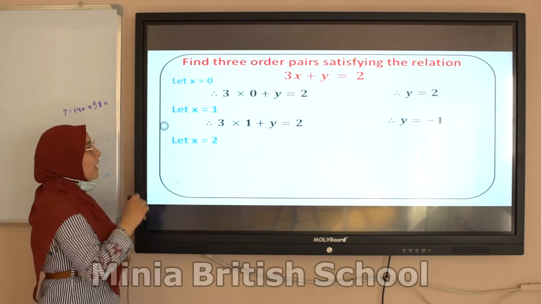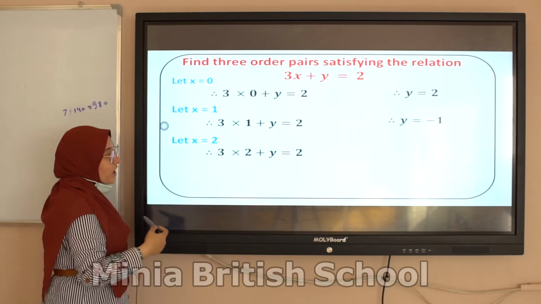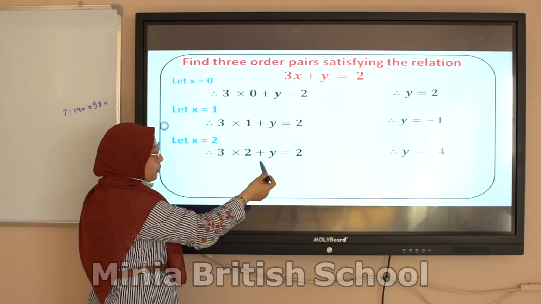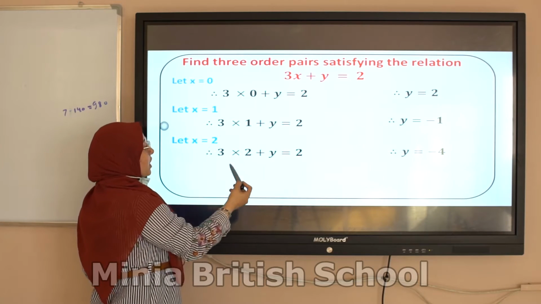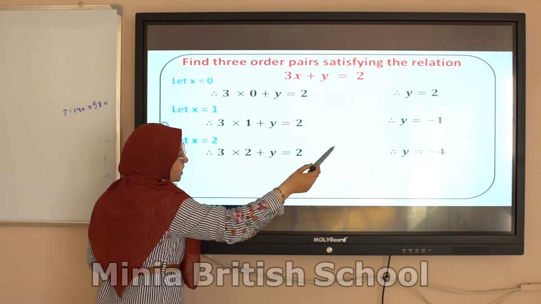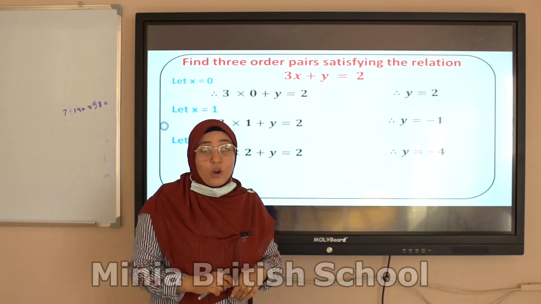Also, suppose x equals 2, so y equals negative 4, because 3 times 2 plus y equals 2, 3 times 2 equals 6, so y equals 2 minus 6 equals negative 4.